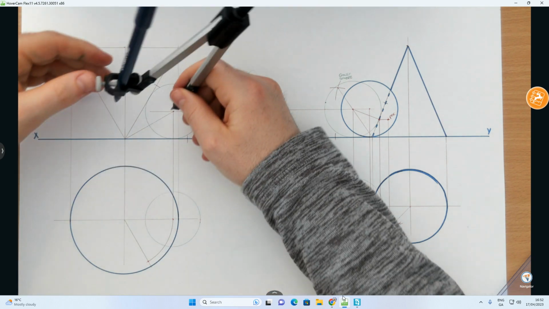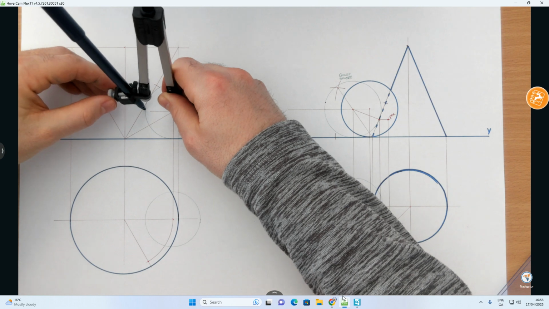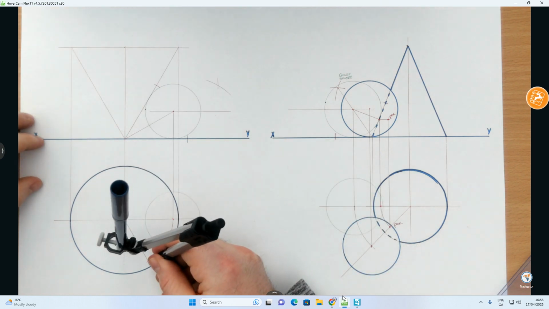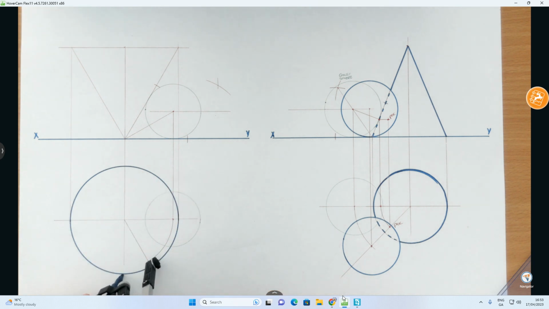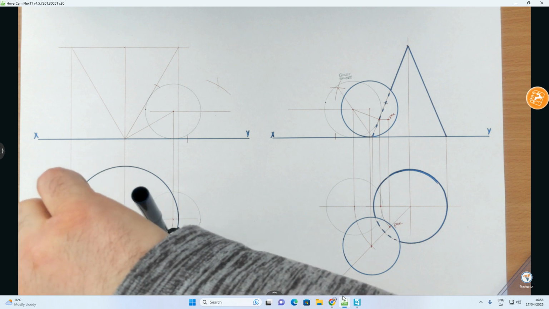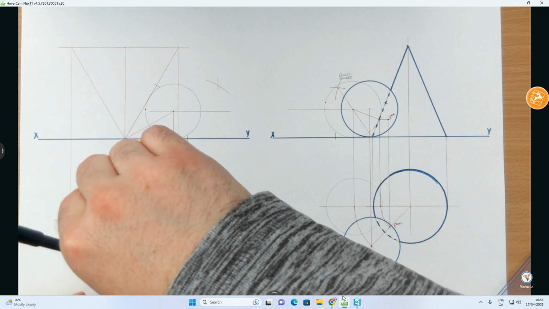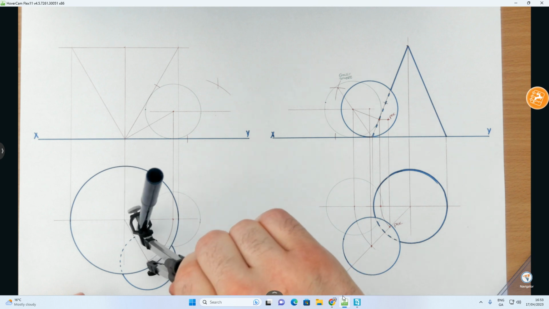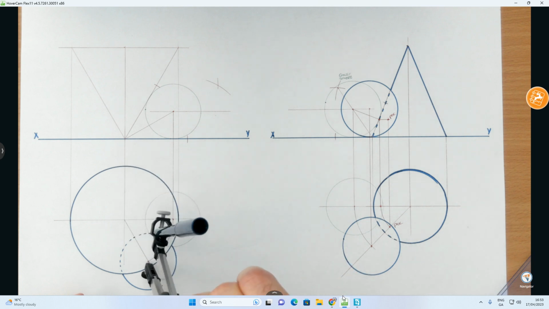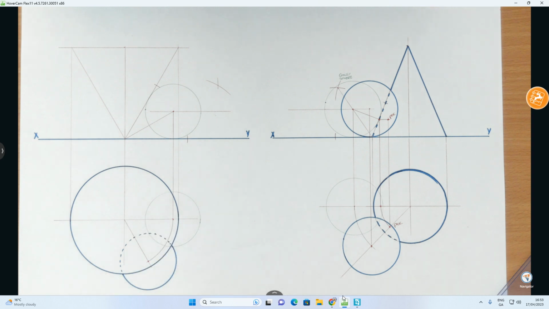And then using the same radius as I had up here, there we go, come down to the new center, and I'll heavy in the outside portion, and then hidden detail, because the sphere would not be visible underneath, as the cone in this case is the one overlapping it. Okay, so there we have that.